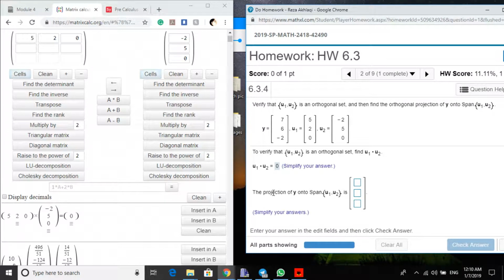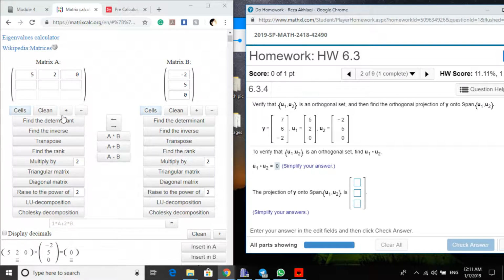And now we want to find the projection of y. That's going to be a little bit more work. For this, we need to take y times u1, divide by u1 times u1, and multiply the whole answer by u1, and then plus y times u2 divided by u2 times u2, times u2, and then we find the projection of y.